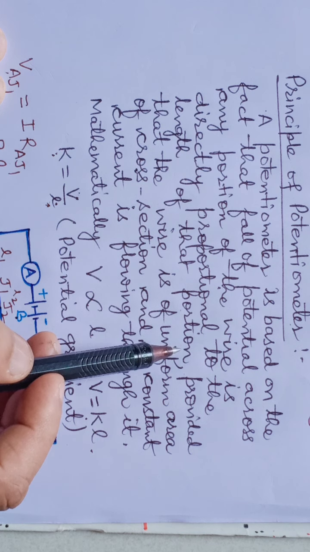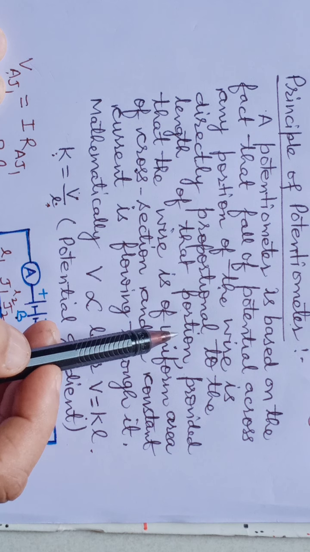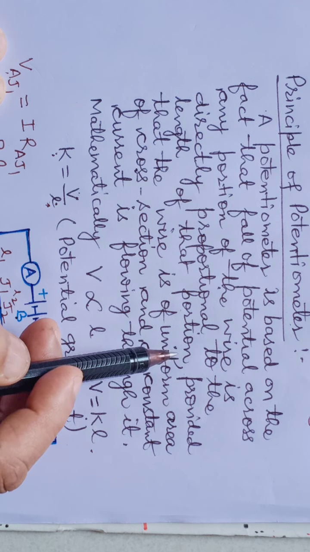In the previous video, we calculated the potential between points A1 as 1 volt, potential between A2 as 3 volt, and in the answer you calculated the fall of potential between A3 as 7 volt.